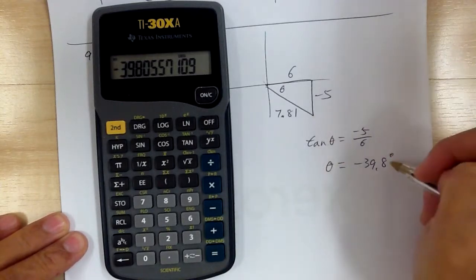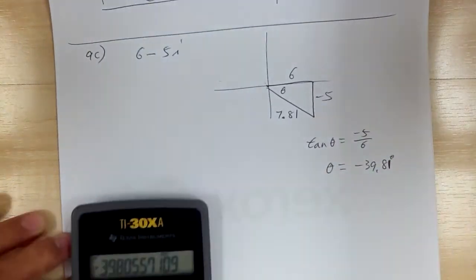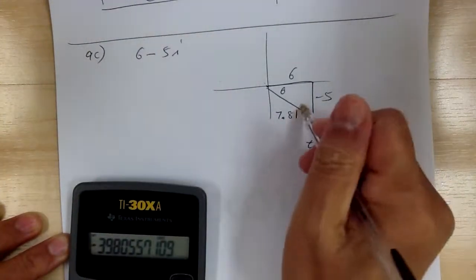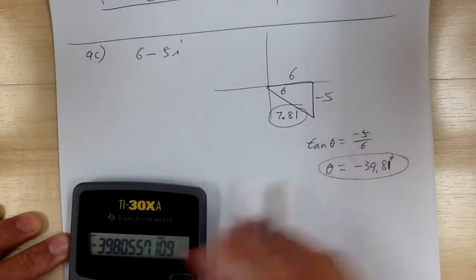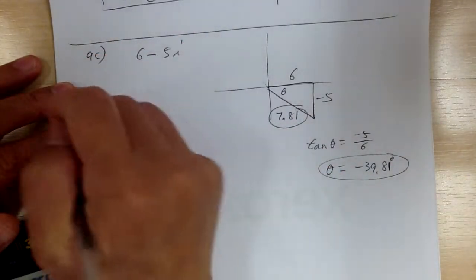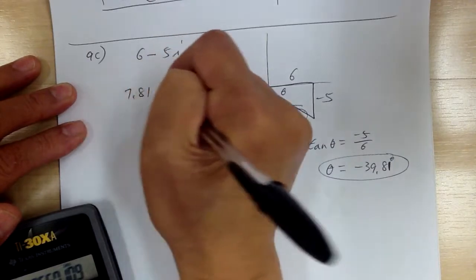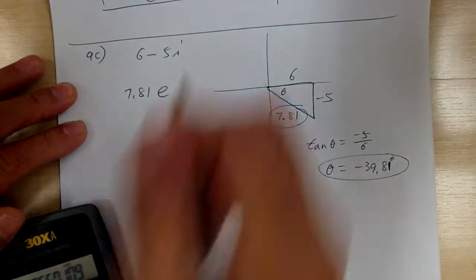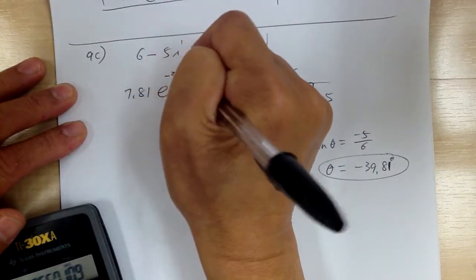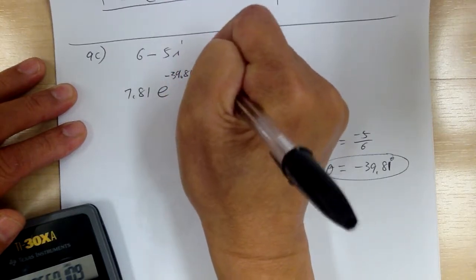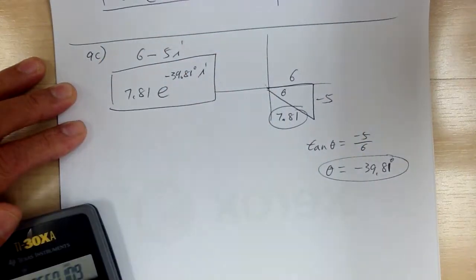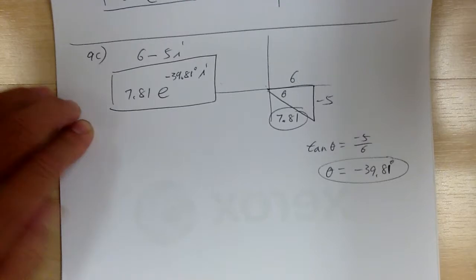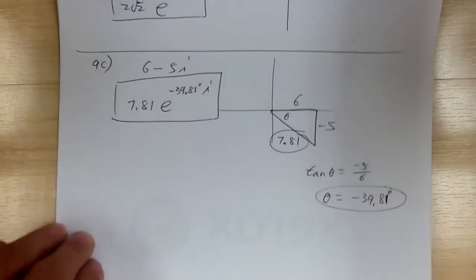Actually 39.81, they want 2 decimal places. Once you get these 2 pieces of information, then you can write your answer. So it's going to be 7.81 e to the negative 39.81 degrees i.